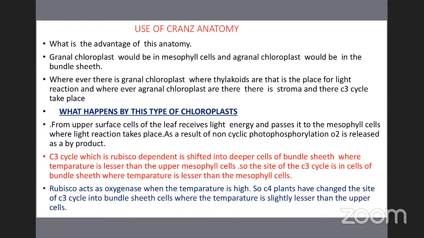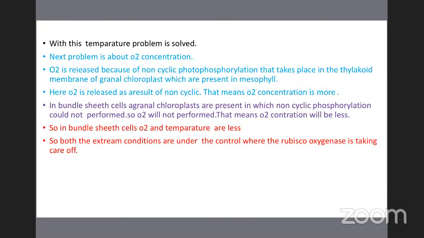So C4 plants have changed the site of the C3 cycle into bundle sheath cells, where the temperature and the oxygen concentration are less than in the mesophyll and uppermost cells. So this is the reason for shifting the C3 cycle from mesophyll into the bundle sheath cells.